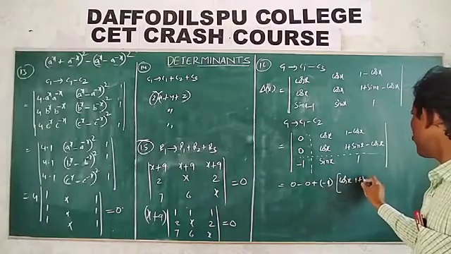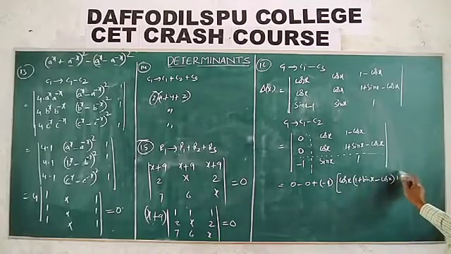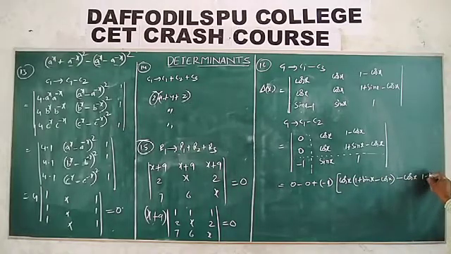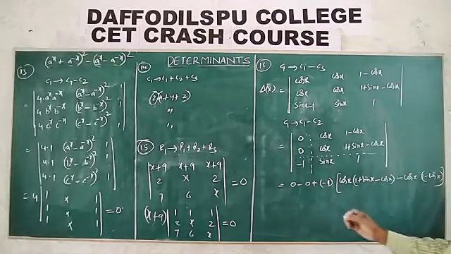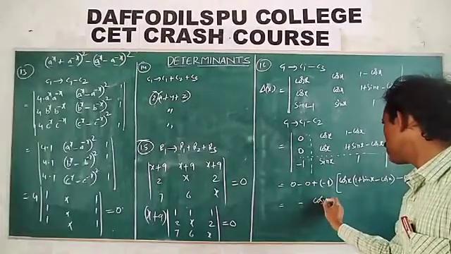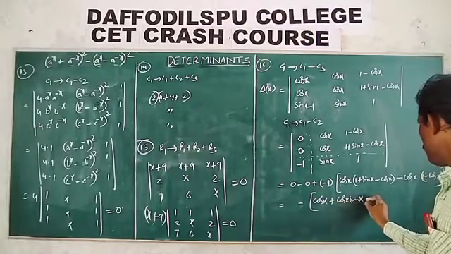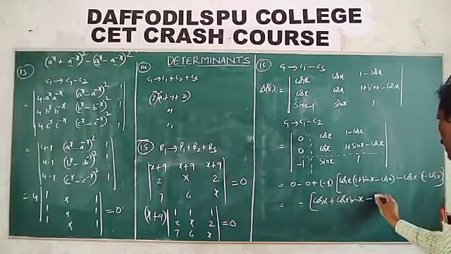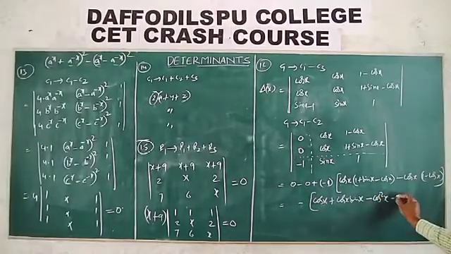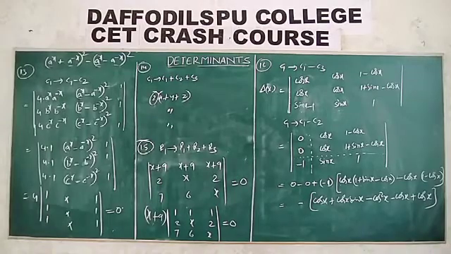Cos x of 1 plus sin x minus cos x, minus cos x of 1 minus cos x. Multiplying inside: cos x plus cos x sin x minus cos square x, minus cos x plus cos square x.